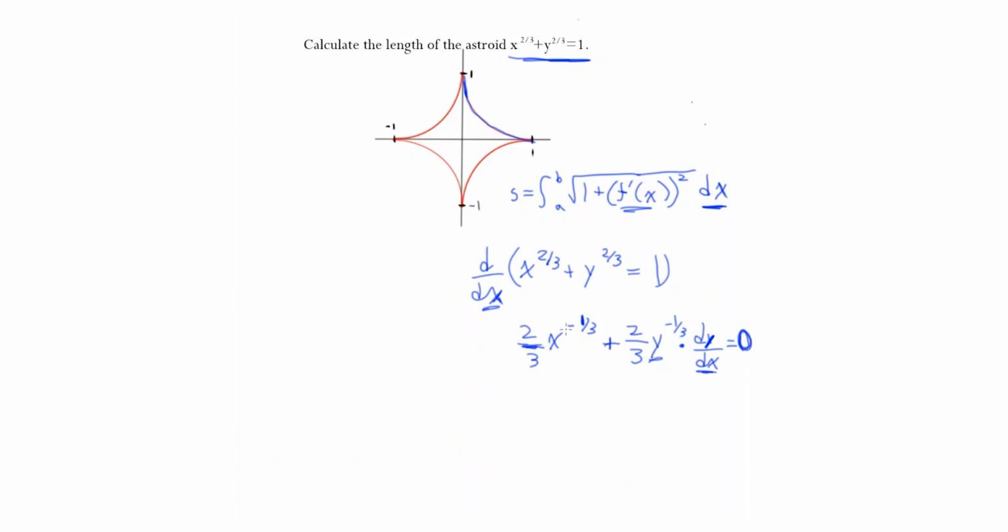So subtracting 2/3 x to the -1/3 from both sides of the equation, and replacing dy over dx with y prime. And then to isolate y prime by itself, we divide both sides by 2/3 y to the -1/3.